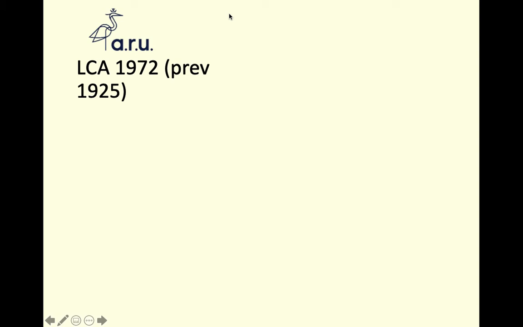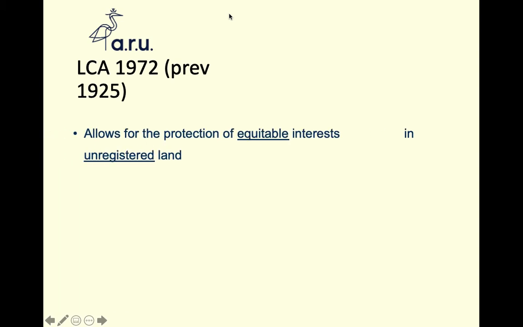The Land Charges Act I'm going to run through very briefly, because we won't be looking at unregistered land within this course. It allows for the protection of equitable interests in unregistered land. So there's a class system where people can enter charges to say that they have those equitable interests. They have a beneficial interest under a trust, they have an estate contract, they have an equitable easement, they have an equitable mortgage, they have equitable interests in land that has not been registered yet.